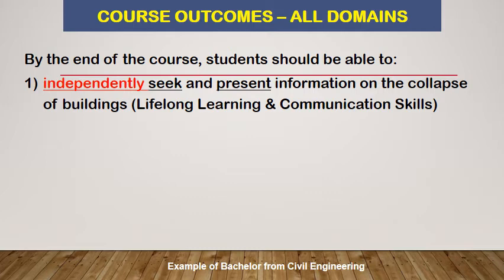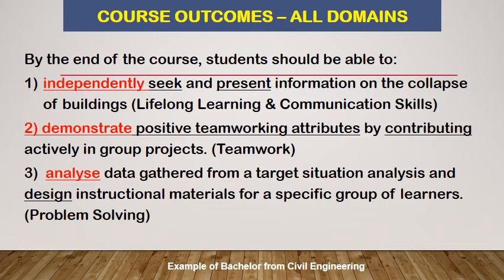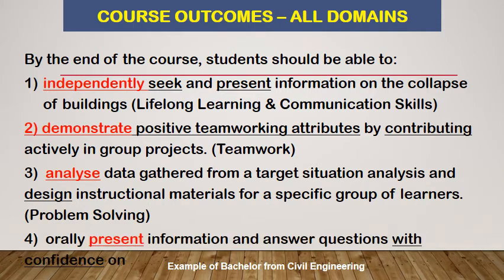By the end of the course, students should be able to independently seek and present information on the collapse of the buildings, demonstrate positive teamwork attributes by contributing actively in group projects, analyze data gathered from a target situation analysis, and design instructional materials for a specific group of learners, orally present information and answer questions with confidence on an assigned project.